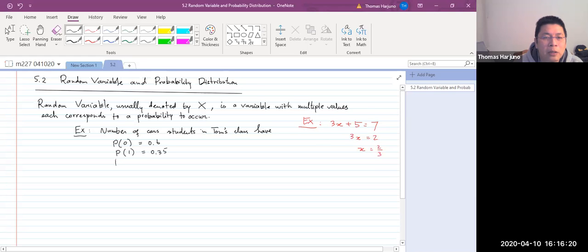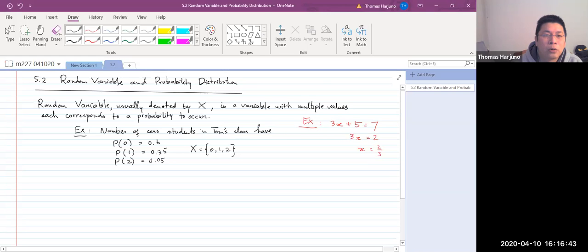The probability that a student has two cars is 0.05. Now then, we say the random variable x can be 0, 1, and 2.